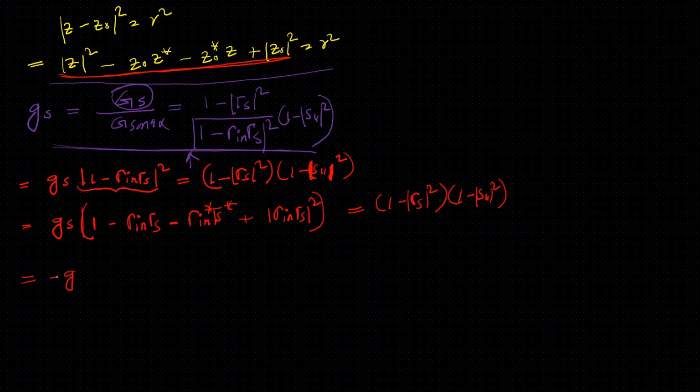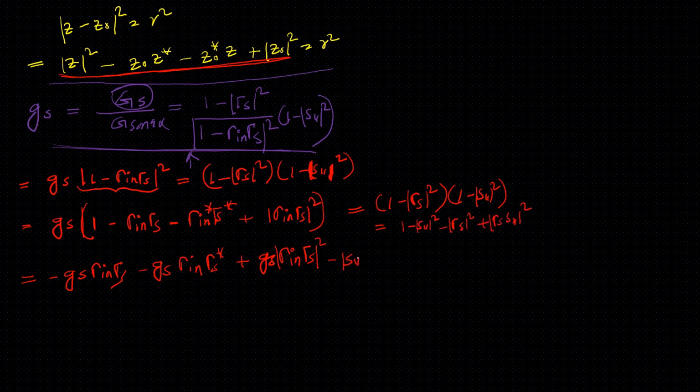So it will be minus gamma S gamma in minus GS gamma in gamma S star plus GS gamma in gamma S whole mod square, and from this side I'll get minus |S11| whole square. Sorry, I don't need to bring S11, I need to bring gamma S, because I am getting gamma S in one part of my equation, minus gamma S |S11| whole square equal to 1 minus |S11| whole square.